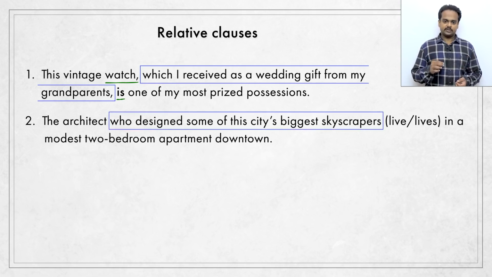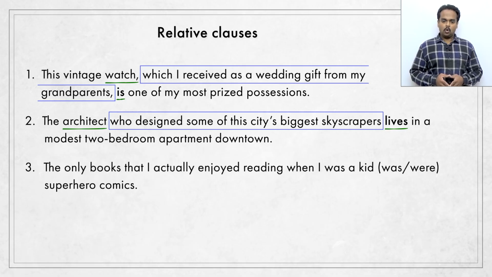Who designed some of the city's biggest skyscrapers is the relative clause. It tells us something about the architect. So architect is the subject here. Skyscrapers is not the subject. Architect is a singular noun. So the architect who designed some of the city's biggest skyscrapers lives in a modest two-bedroom apartment downtown.